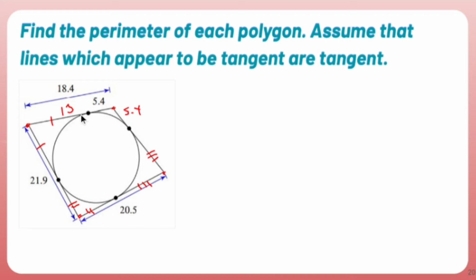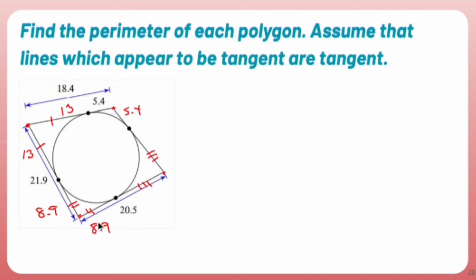So this guy is 13, which makes you 13 as well. If this whole thing is 21.9, then I could subtract 13 from it to get this chunk right here. 21.9 minus 13 is 8.9, which means you're 8.9.